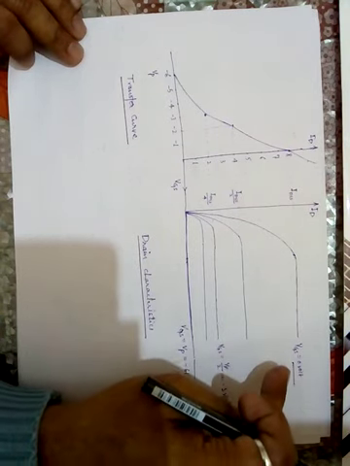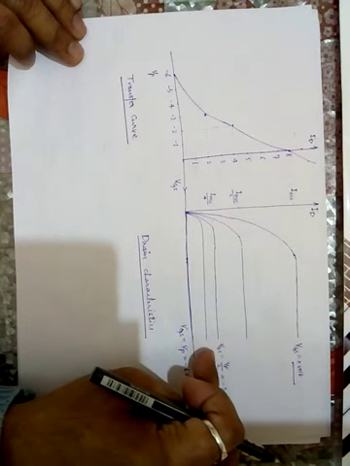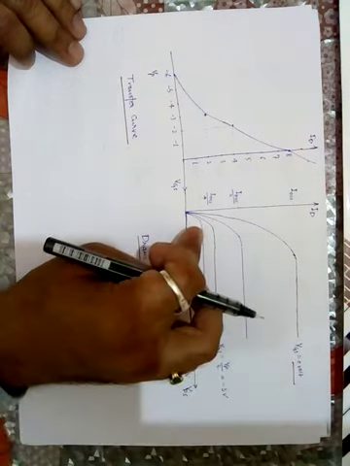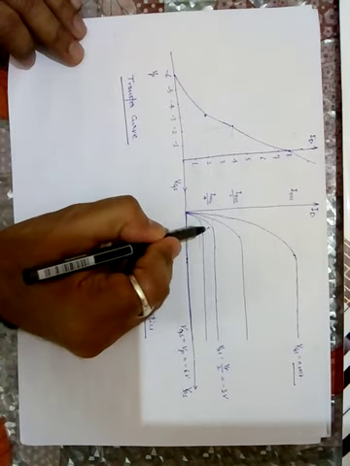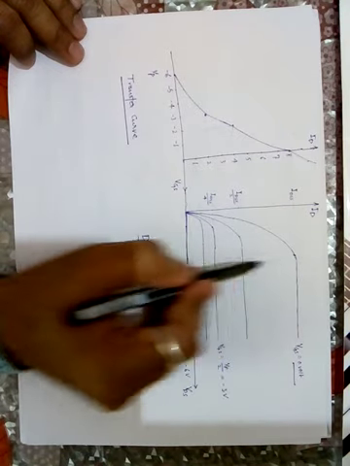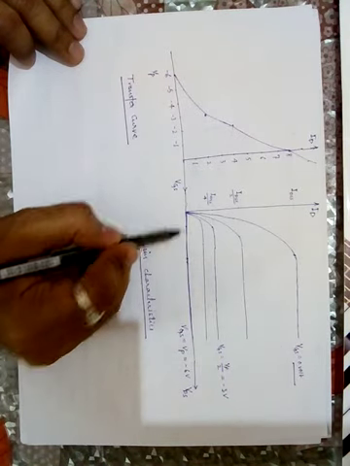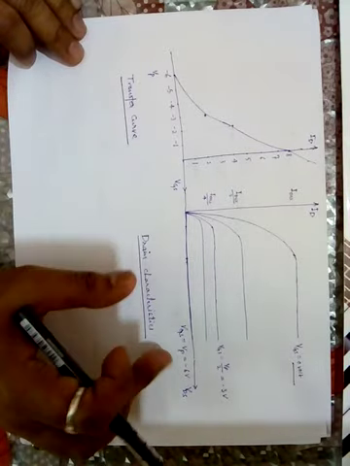Whenever we increase the negative voltage at the gate side, the pinch off voltage will decrease. At this particular point the pinch off condition comes, but whenever VGS is equal to 0, the pinch off condition comes at this voltage. So the pinch off voltage decreases as the negative VGS increases.